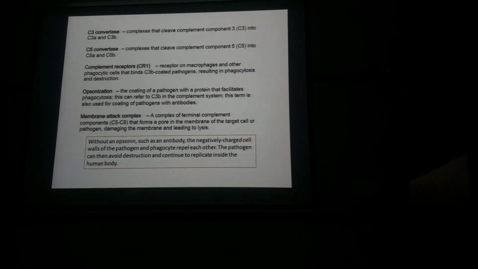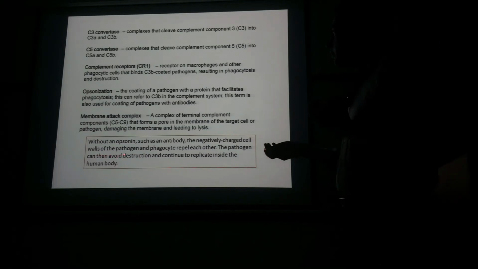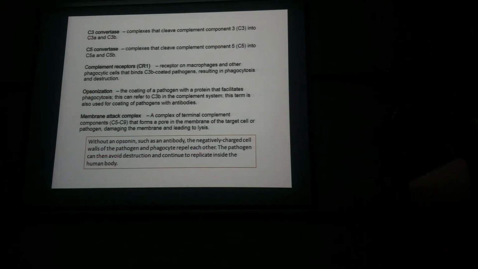So, without an opsonin such as an antibody, the negatively charged cell walls of the pathogen and phagocytes repel each other. Why does opsonization increase phagocytosis, if somebody asks you? This is the answer to that. The pathogen can then avoid destruction and continue to replicate inside the human body.